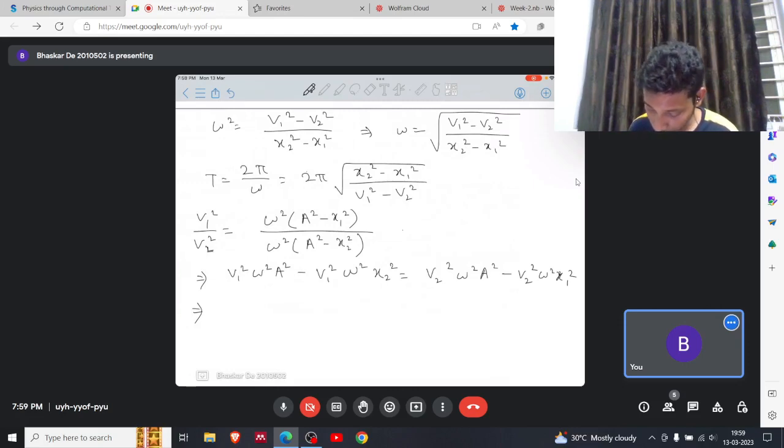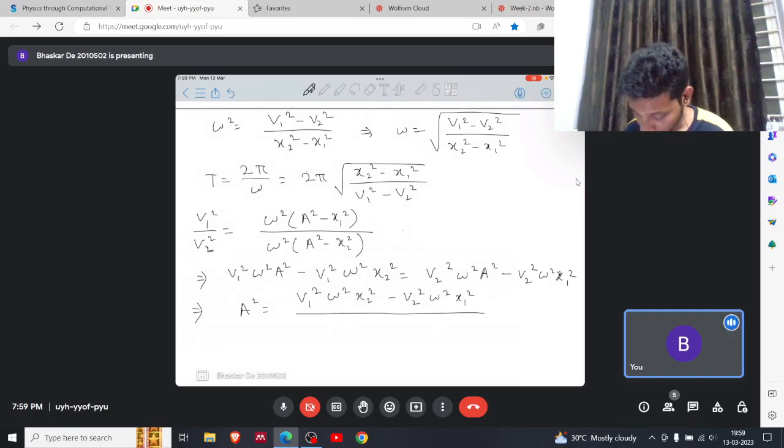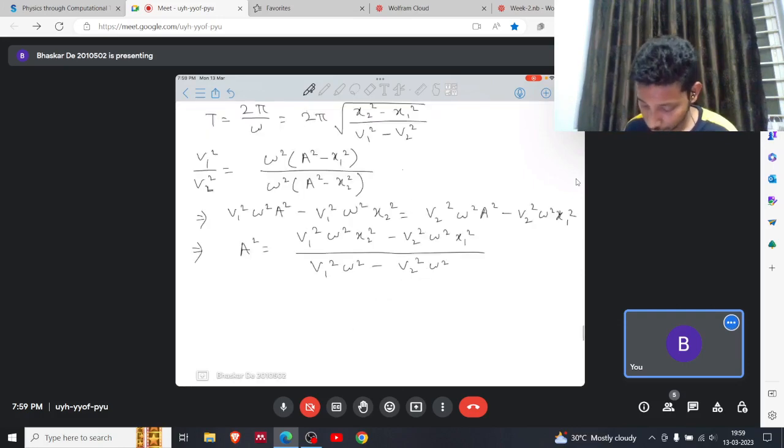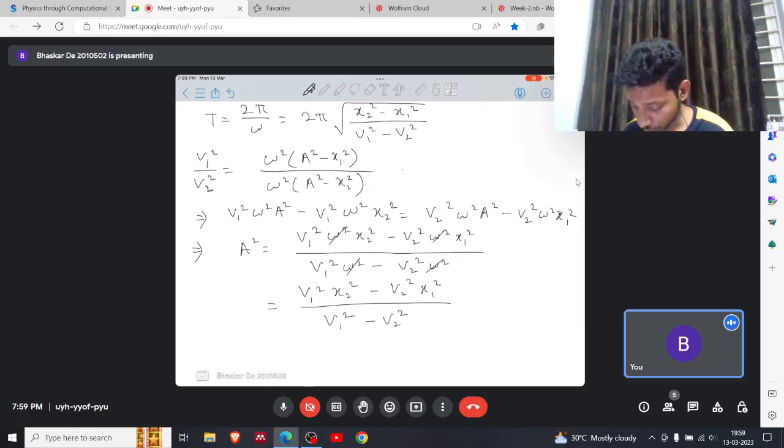Now a square equal to v1 square x2 square minus v2 square x1 square by v1 square minus v2 square.